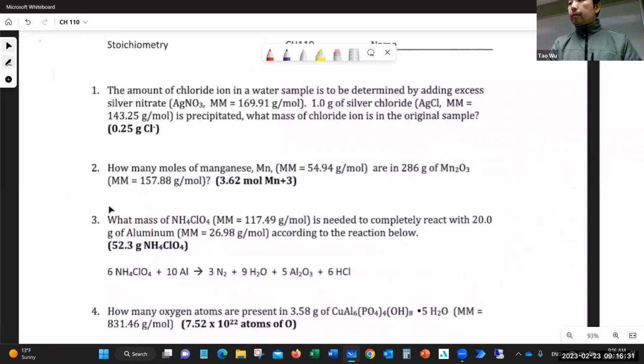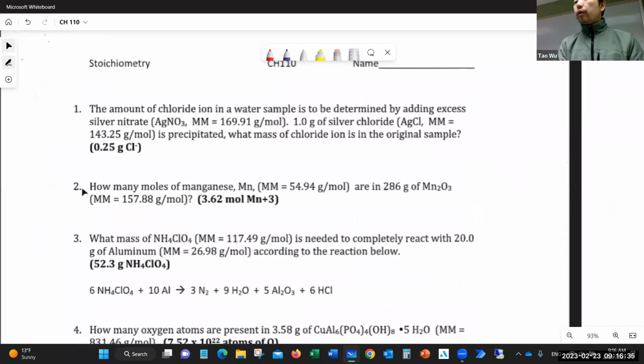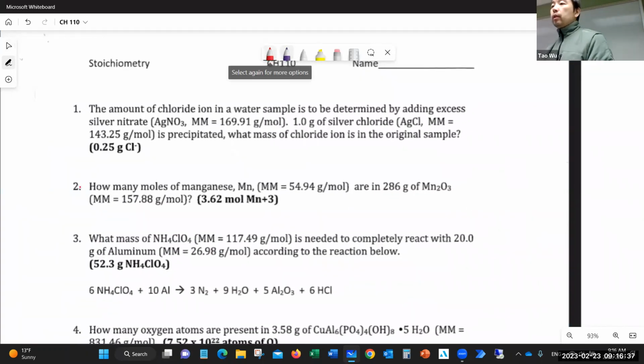Okay, so let's look at one of the questions shown over here. The first one says the amount of chloride ions in a water sample is to be determined by adding excess silver nitrate. 1.0 gram of silver chloride is precipitated.